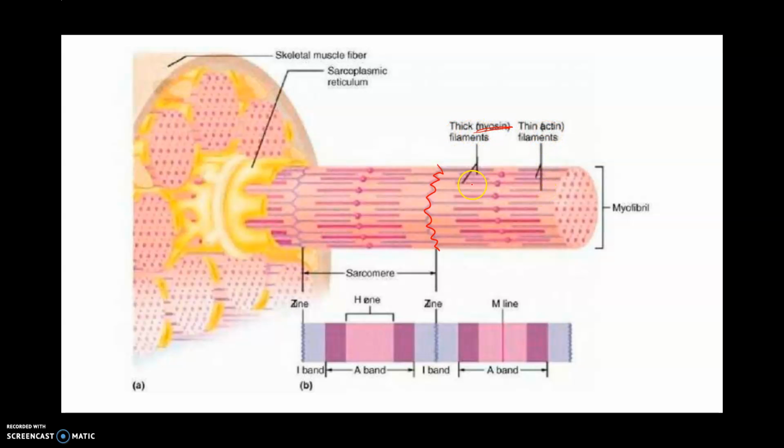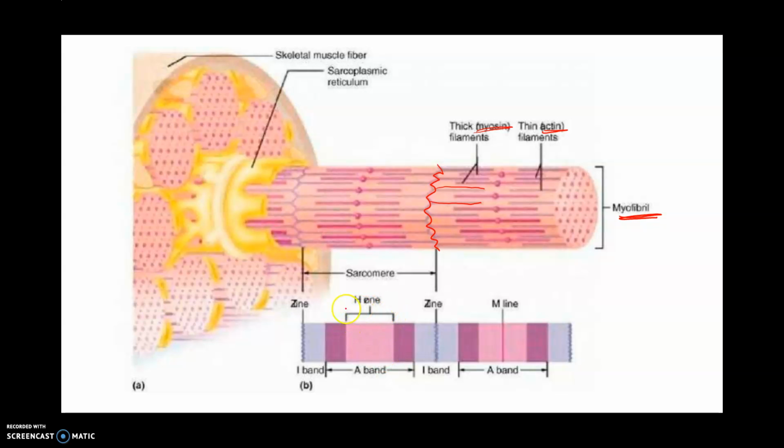And our thin ones are going to be connected to this Z-line right here. So this entire thing is our myofibril. Getting even smaller into these proteins here is our thin lines with actin, and our thick, the middle lines with our myosin.